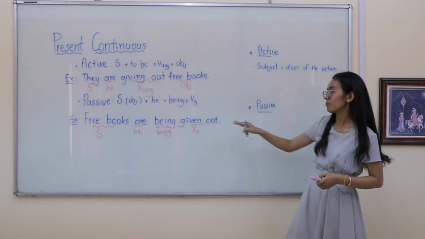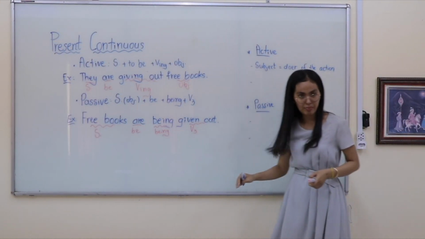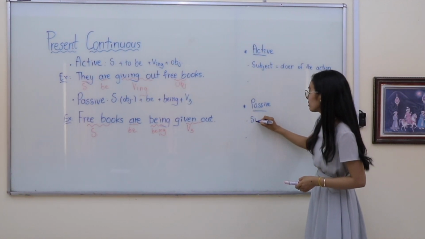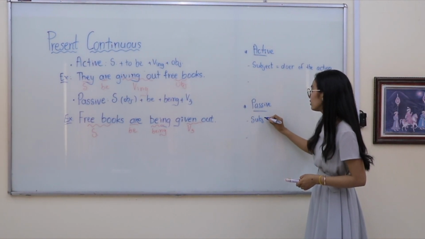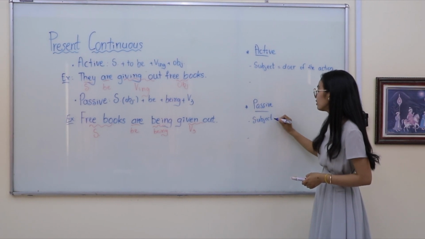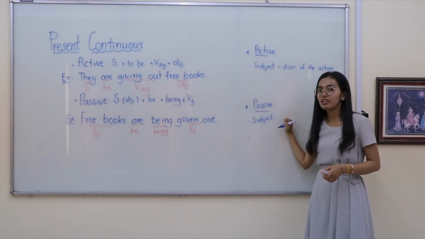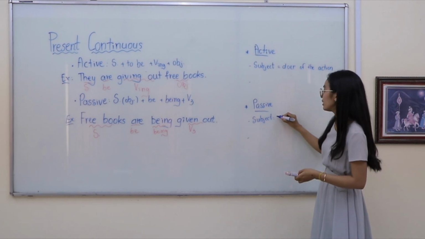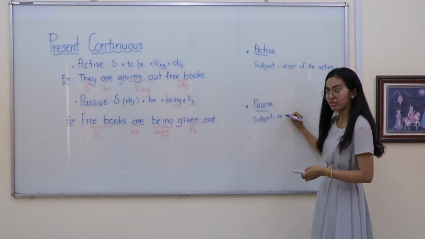But if we look at the subject right here, "free books," of a passive sentence, it is not a doer. If it's not a doer, what is it? Free books. It's a receiver.